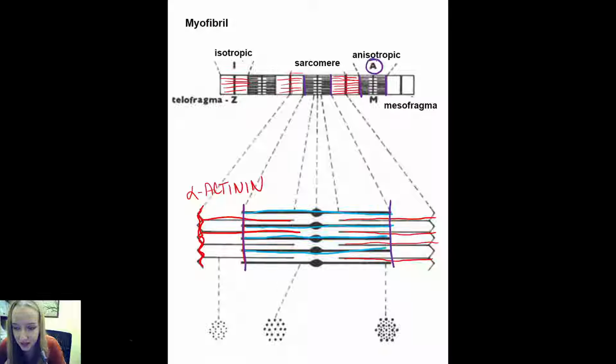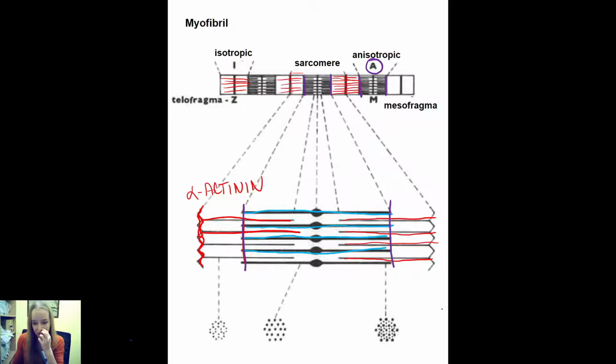There are many questions during examination, like what can we find in the A band? And the correct answer is thick filaments and also thin filaments, because in this A band they overlap and we can see both of them. But in the I band, the isotropic band, we can see only thin filaments.